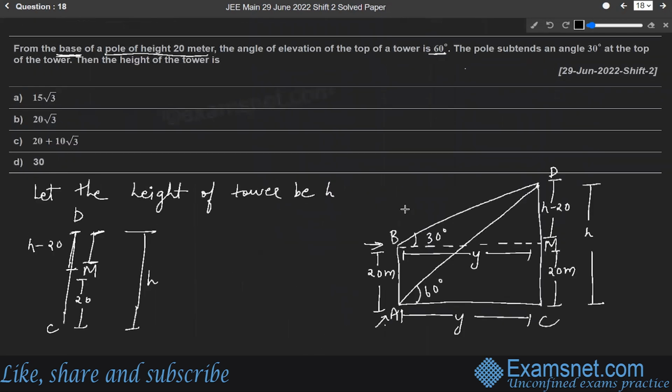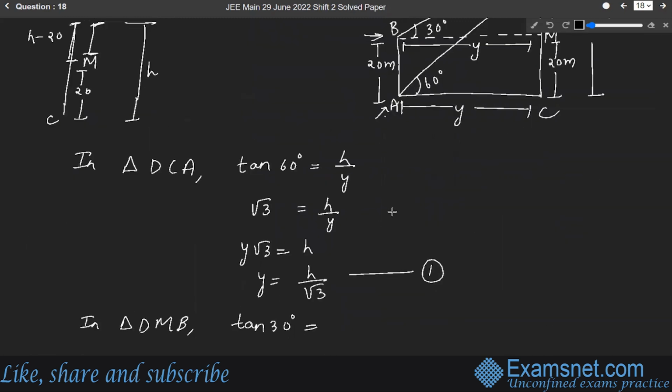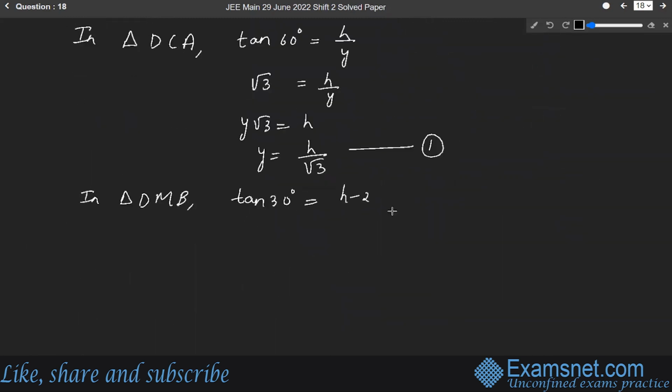The perpendicular for triangle DMB is H minus 20, and the base is Y. So tan 30 degrees is equal to H minus 20 upon Y. The value of tan 30 degrees is 1 upon root 3. So 1 upon root 3 is equal to H minus 20 upon Y. Multiplying Y here, H minus 20 is equal to Y upon root 3.